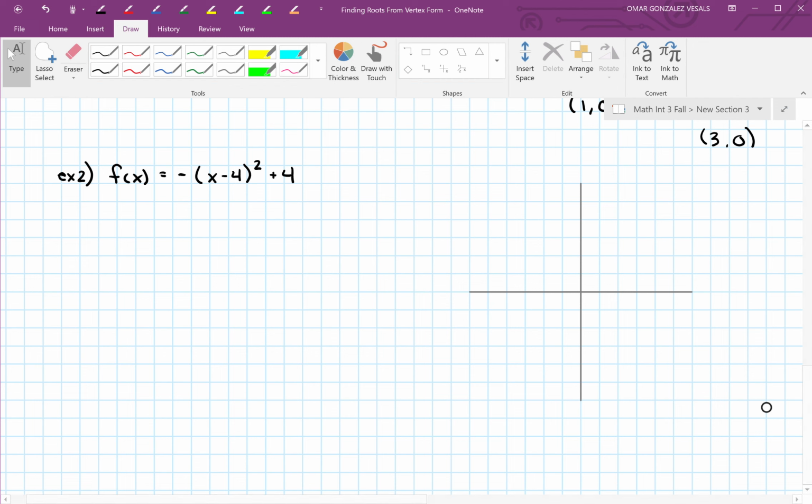Everybody ready? First thing I need to find is my vertex. And you guys already know what that would be. What would my vertex be? 4 and 4.